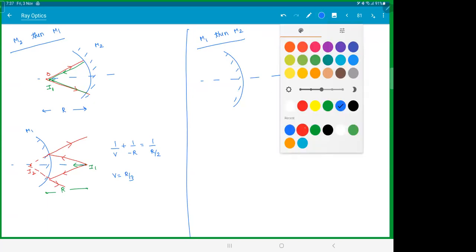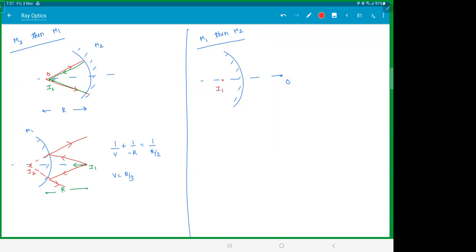This is the object. This would be your image I1, which we just calculated, r by 3. So for this mirror, I1 is here, which is 2r plus r by 3, 7r by 3.